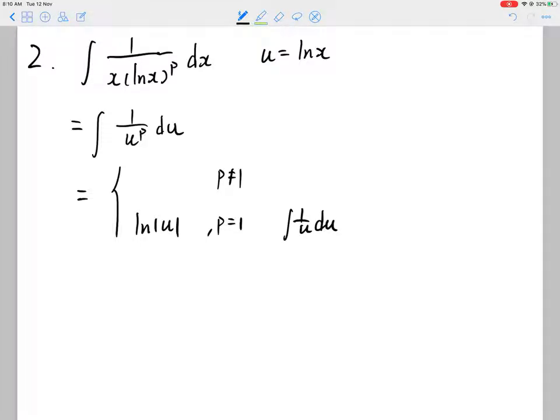If p is not 1, then the integration is the integration of u to the power of negative p, so it should be u to the power of negative p plus 1, which is u to the power of 1 minus p over 1 minus p. So when p isn't 1, it's this.